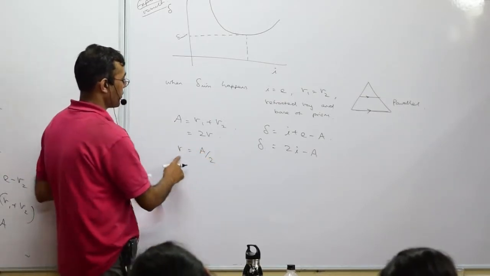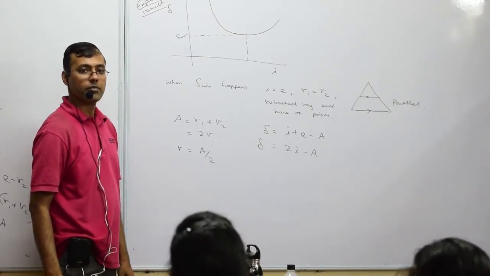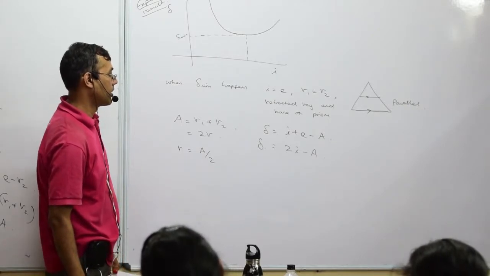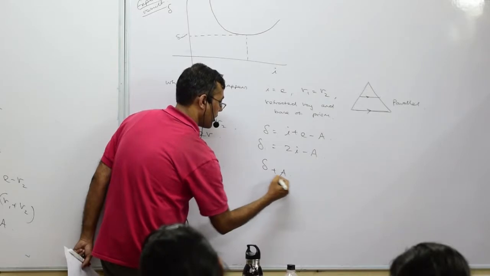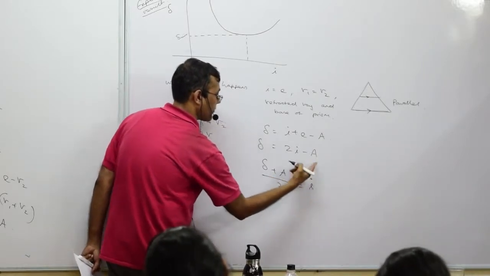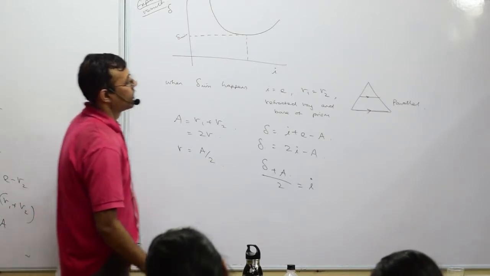My intention is to find sin I by sin R, the refractive index of the prism. That means I can be found as (del plus A) divided by 2.